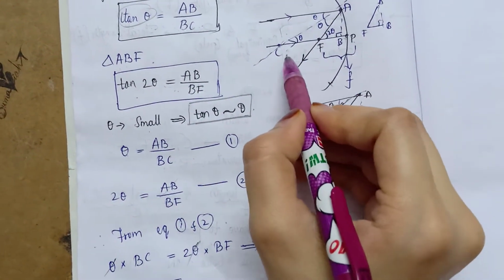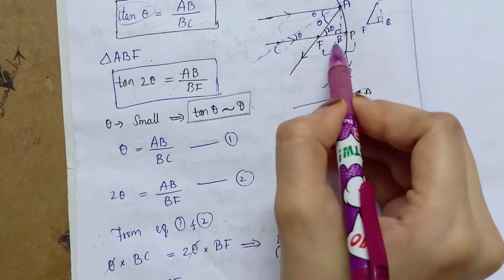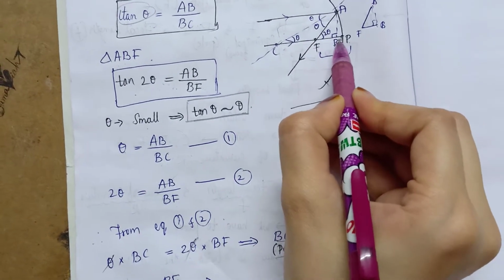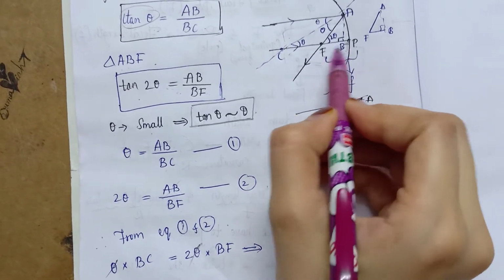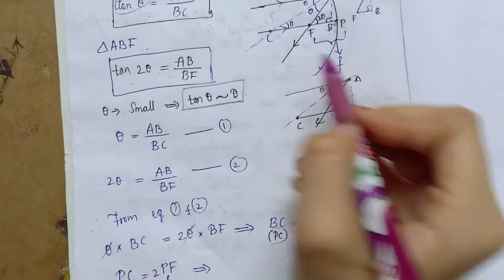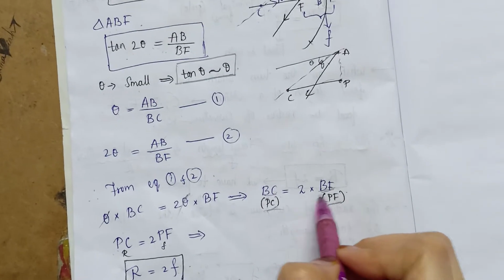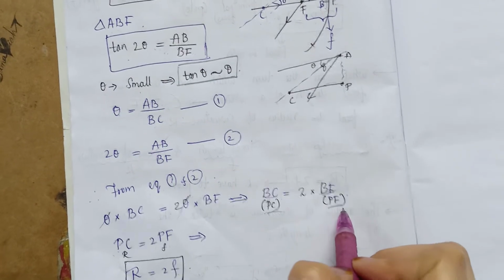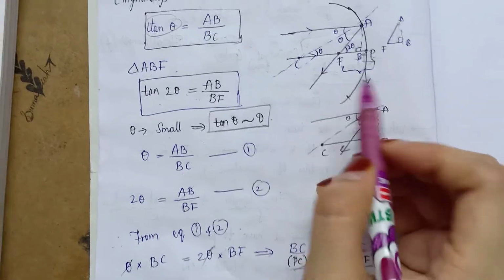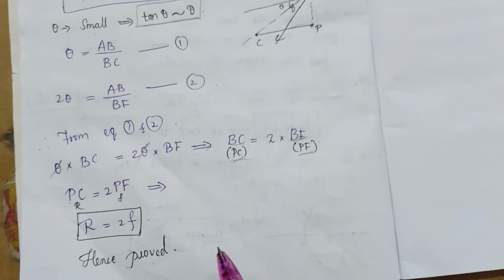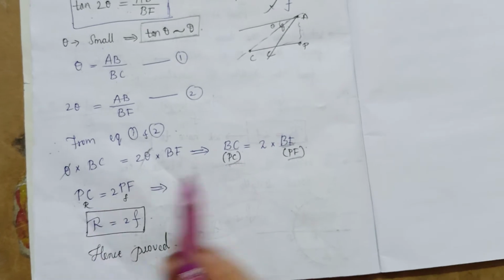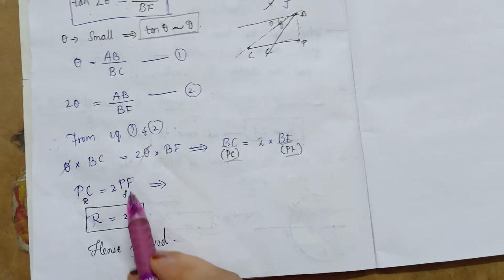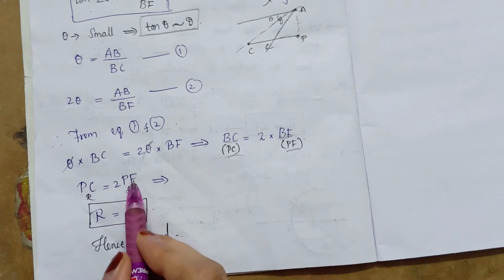See in this diagram, there is B and C. Here a small distance remains, we can't leave this distance, so we will include it. So instead of BC we can write PC, right? And instead of BF we can write PF. So PC is equal to 2 into PF.